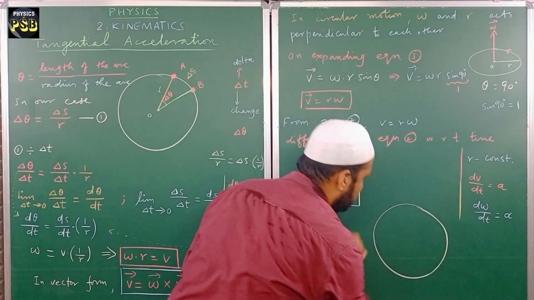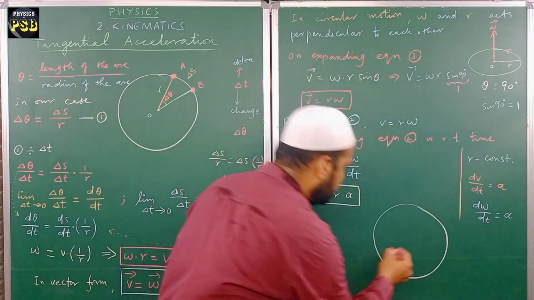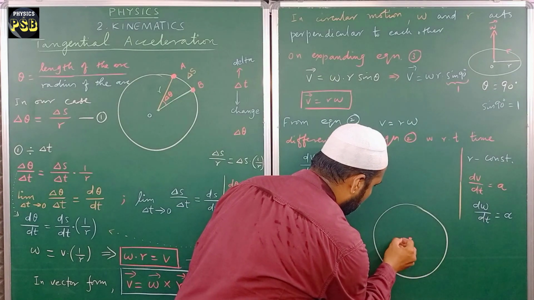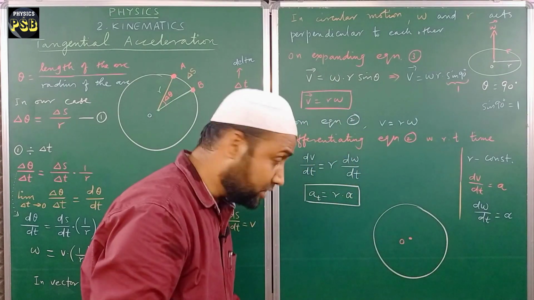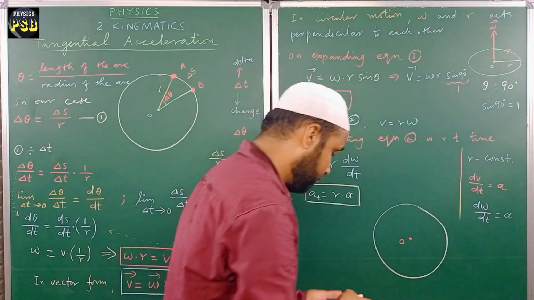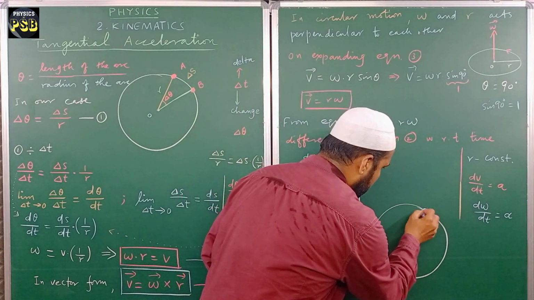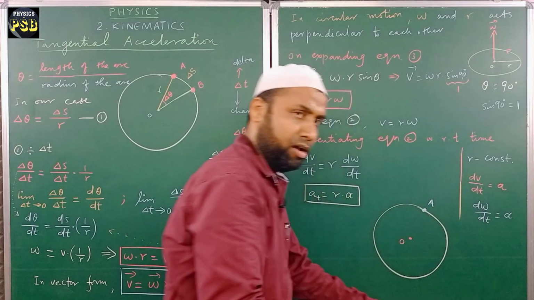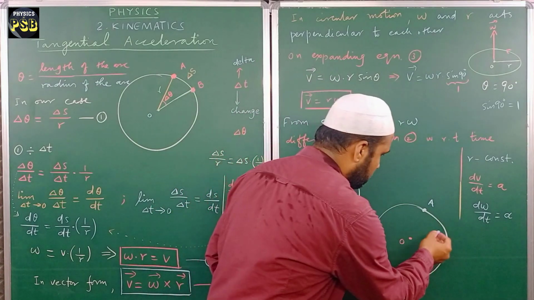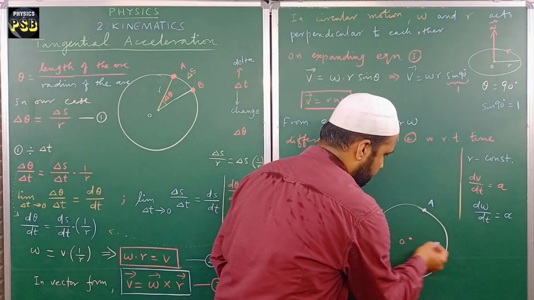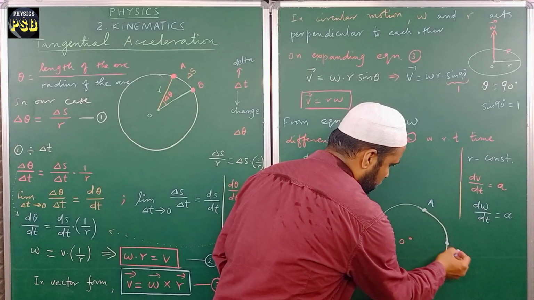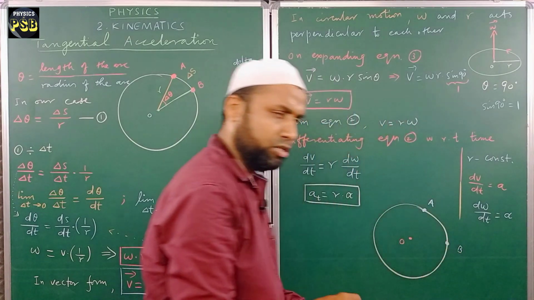This is the circular path, and this is the center of the circle. Okay. And the object is present here at point A. Now, when time is 0, after some time it reaches a new position, that is B.